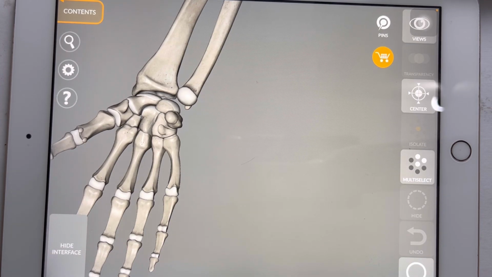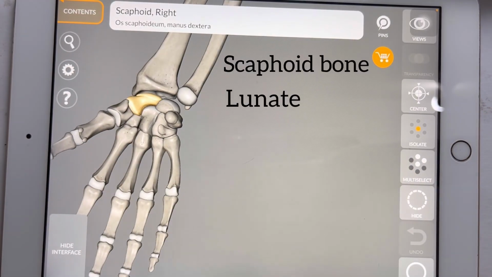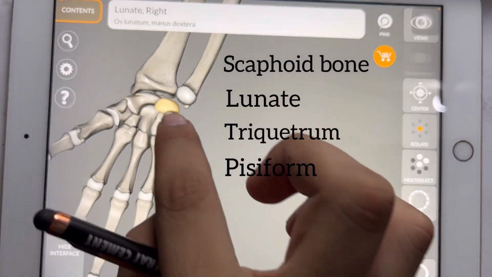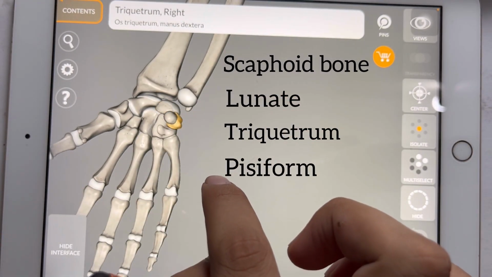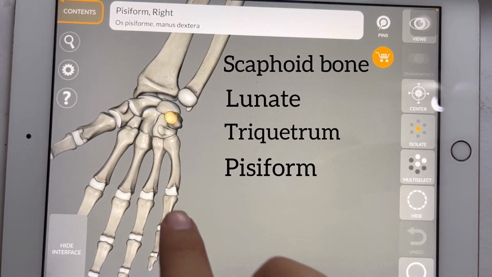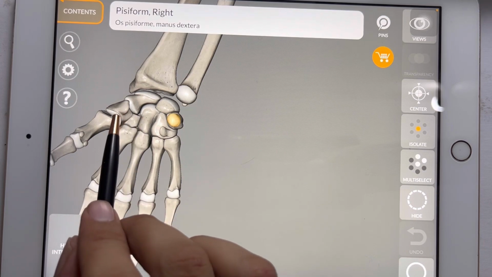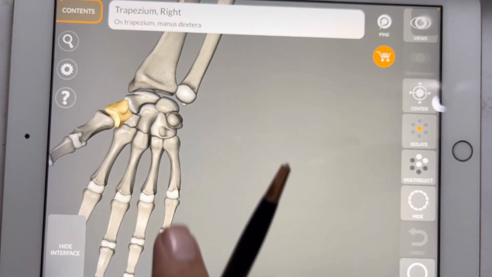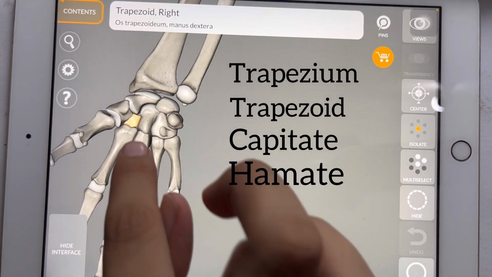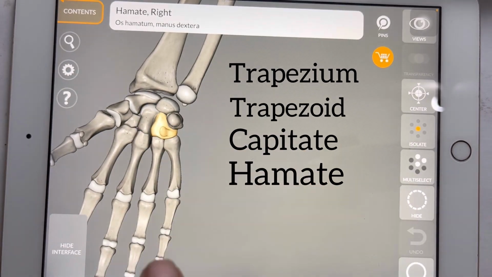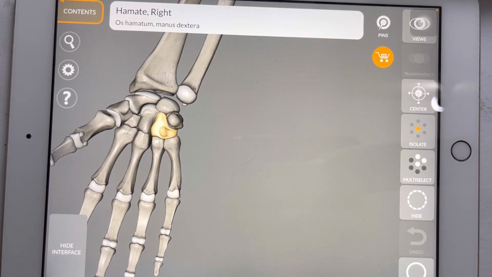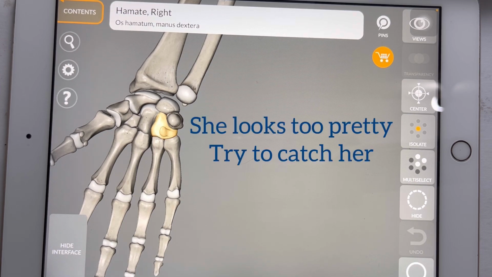The bones in the proximal row are the scaphoid bone, the lunate bone, the triquetrum and the pisiform bone, while the carpal bones that form the distal row of the wrist region are the trapezium, trapezoid, capitate and the hamate bone. Student, you can learn the names of these bones by the mnemonic "She looks too pretty, try to catch her."